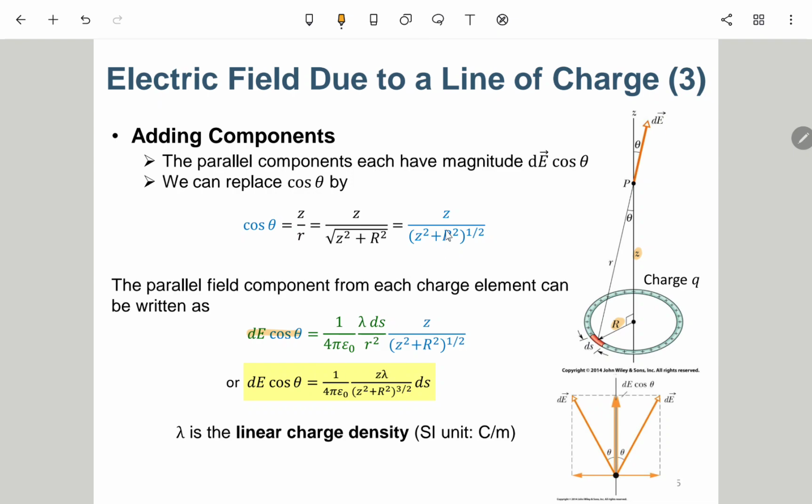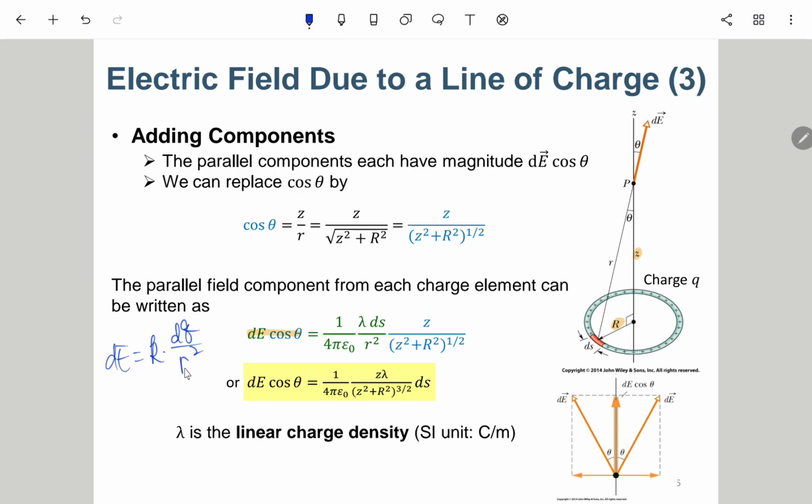Okay, so here we will try to plug this back to here. And dE is actually this part. So for dE we will have k times dq over r squared.